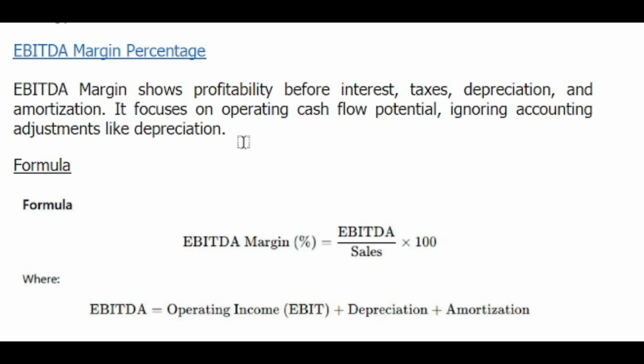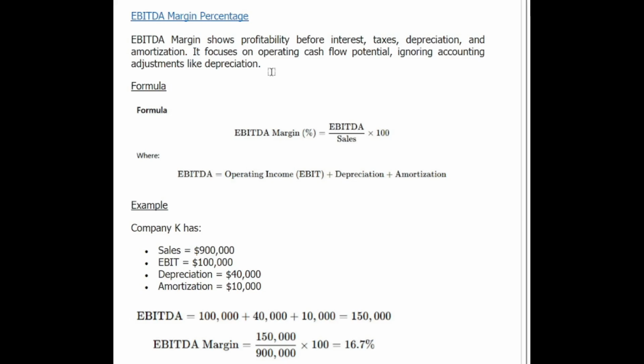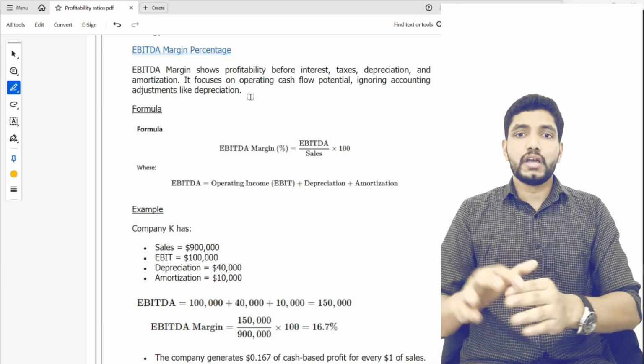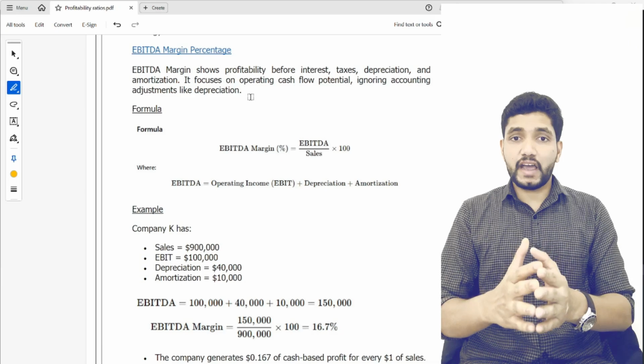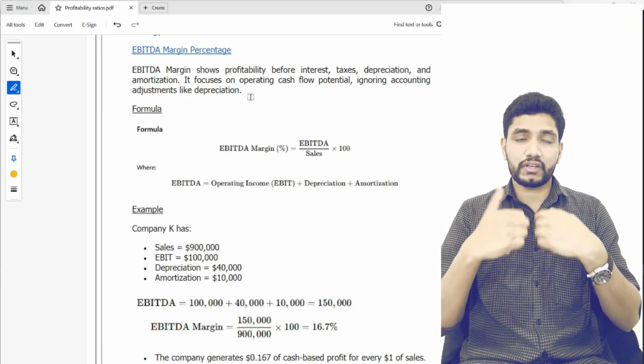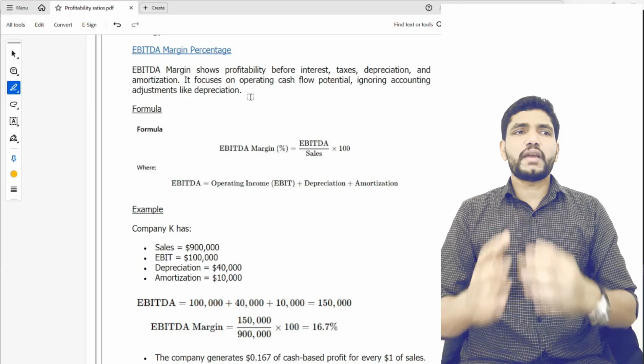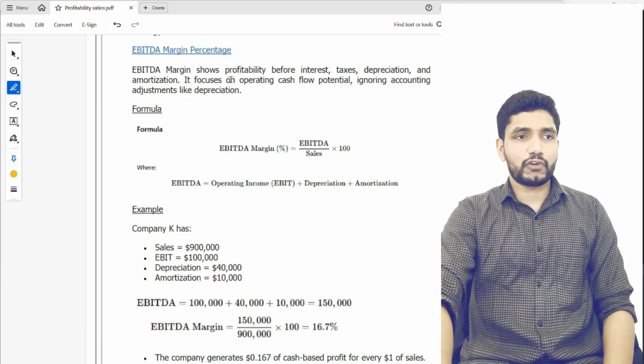EBITDA means earnings before interest, tax, depreciation and amortization. It focuses on operating income before adjusting for depreciation and amortization. So EBITDA tells how much operating profit we generate without considering depreciation and amortization, because depreciation and amortization are not cash expenses and not related to cash flow. So it's mainly focused on the operating cash flow potential.